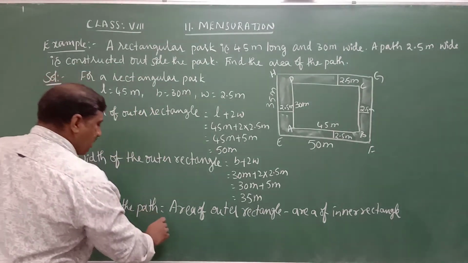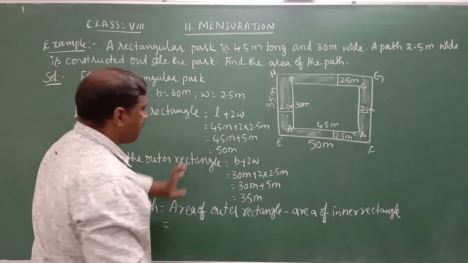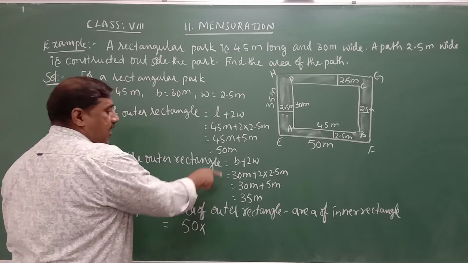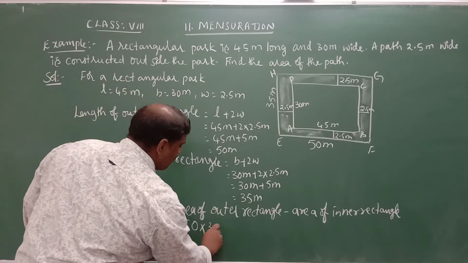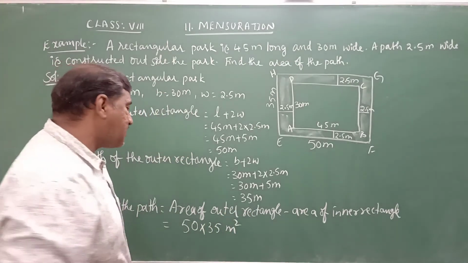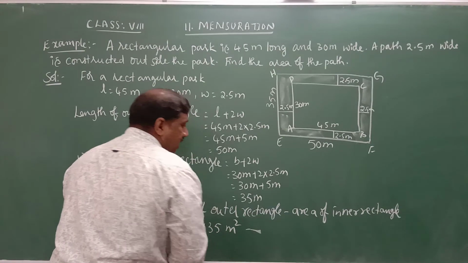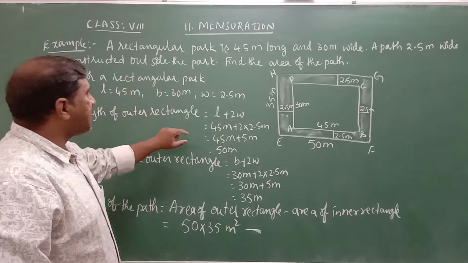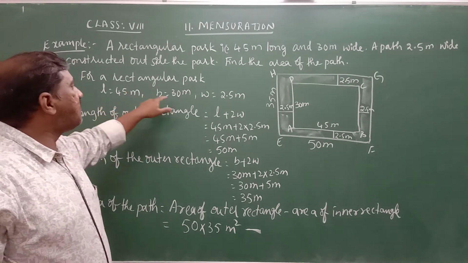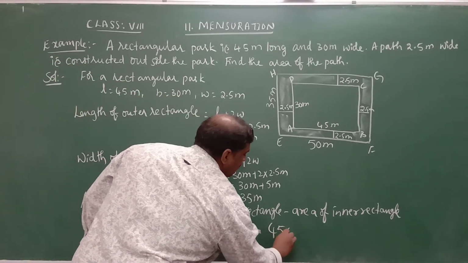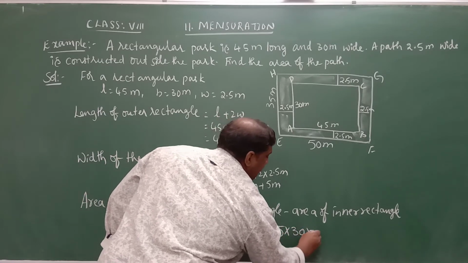For the outer rectangle, the length is 50 meters and the breadth is 35 meters, so 50 into 35 meter square, minus the area of the inner rectangle. The inner rectangle length is 45 meters and the width is 30 meters, that is 45 into 30 meter square.